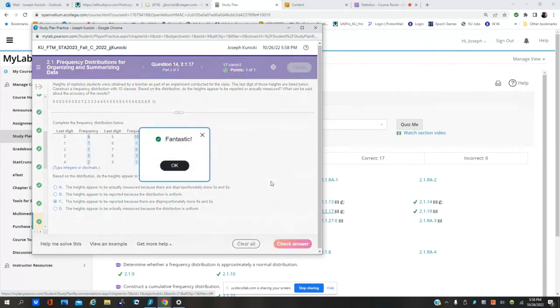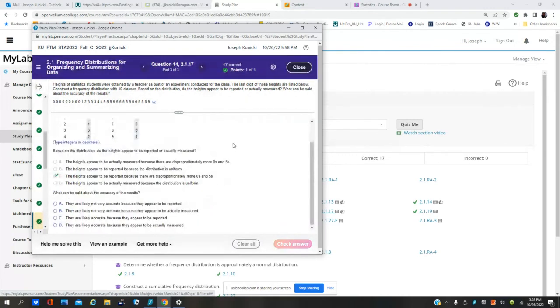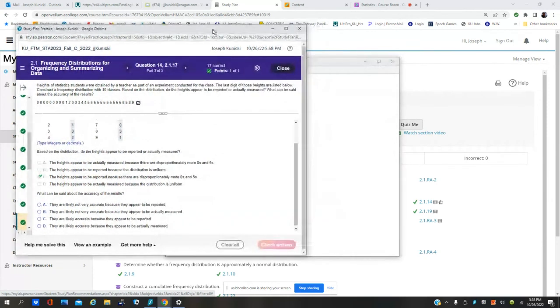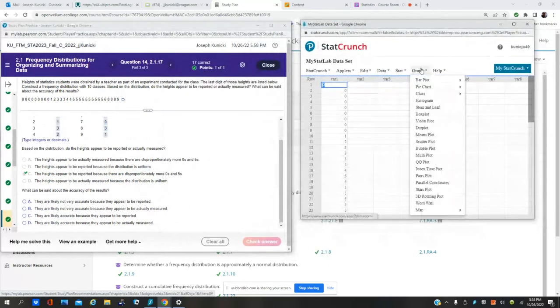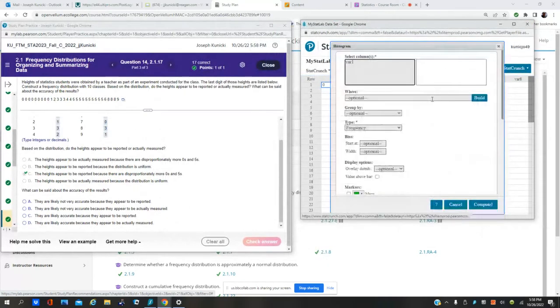In fact, we can go ahead and check the distribution. If I just open this in StatCrunch, since we have the raw data, I can go ahead and graph a histogram, variable 1, that's where the data is, and then bins. Well, we have to go a half a unit below the first class.